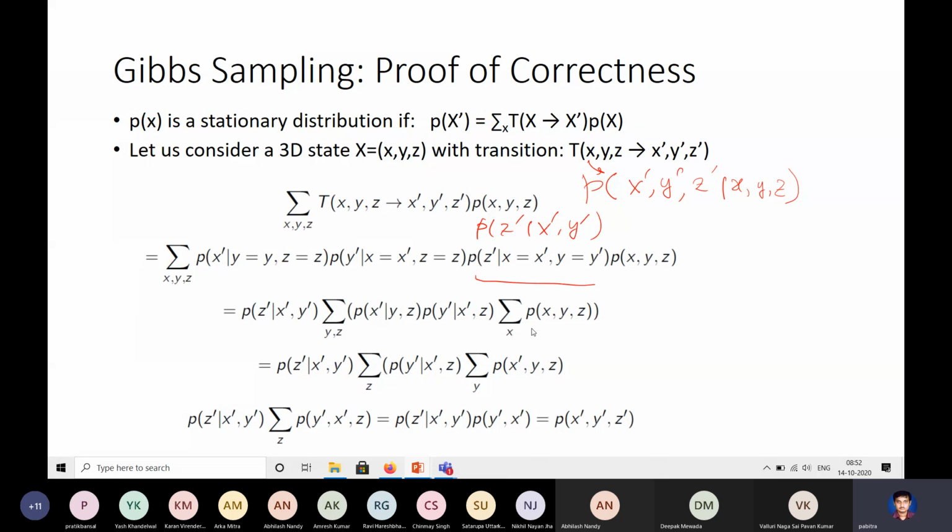So now the next step. This summation is nothing but marginalization over x. So I would basically get p(y, z), as it is a marginalization over x, and multiplying p(y, z) with this, you get p(x', y, z).